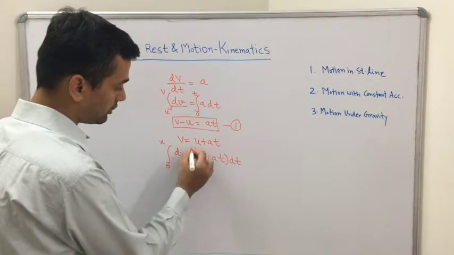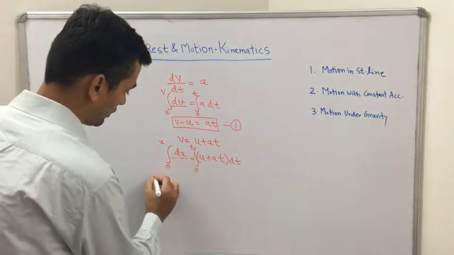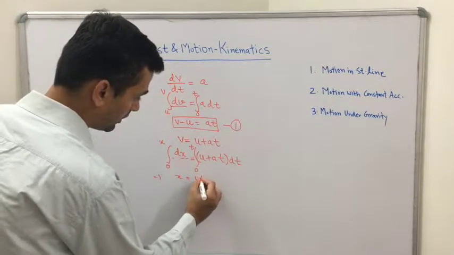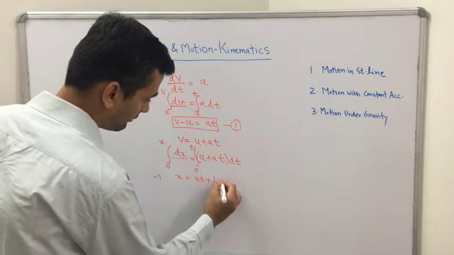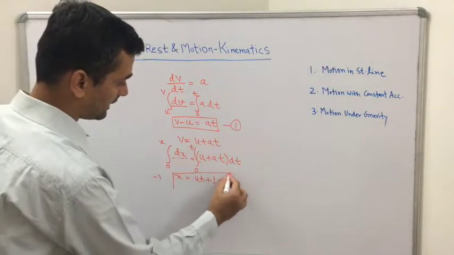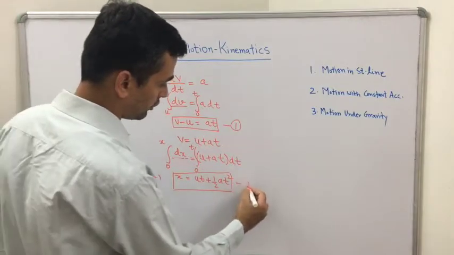So t goes from 0 to time t. So this becomes x is equal to ut plus half a t square. So this is my second equation of motion under constant acceleration.